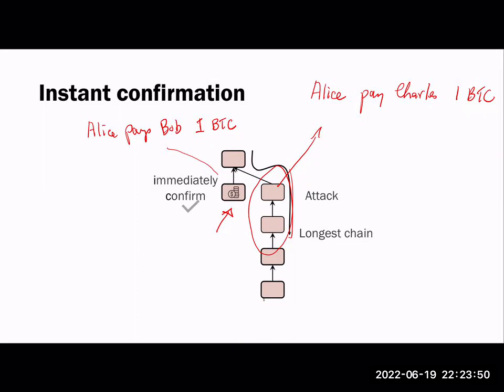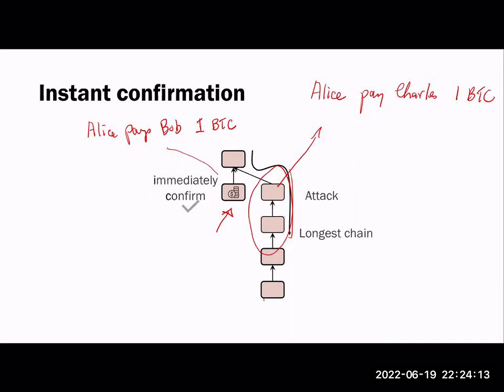So Alice now got the car from Bob, but at the same time could buy something else from Charlie using the same Bitcoin. This is a horrible situation, right? Because this attacker is now double spending the Bitcoin. So this is exactly what Nakamoto meant by the double spend problem.